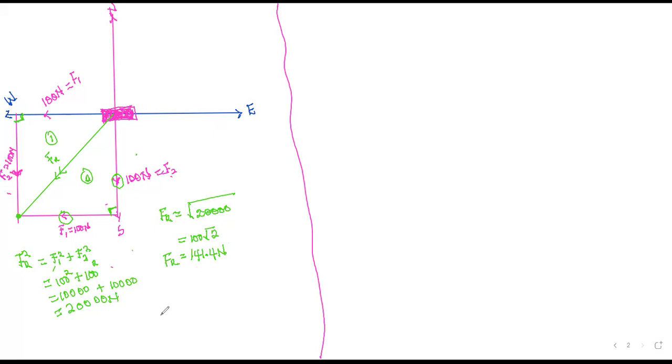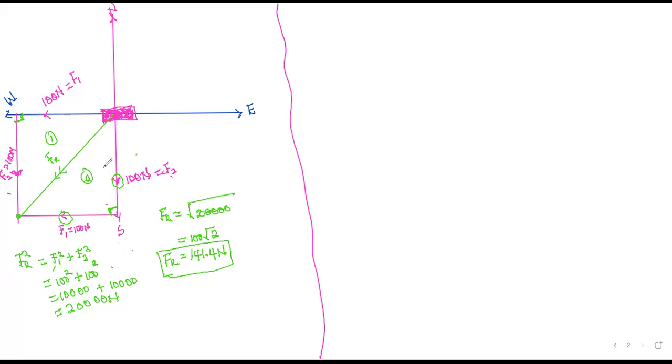That's the resultant. So what we mean by the resultant is that this single vector or force of 141.4 can give the same effect as this 100 Newton and this 100 Newton acting perpendicular to one another in this direction.